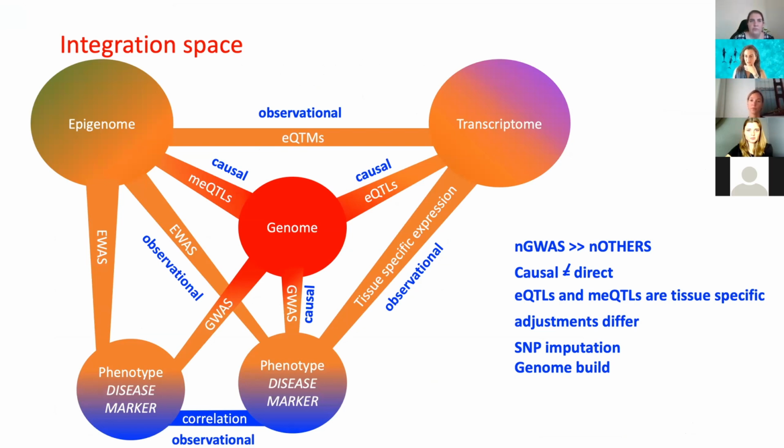Methylation and expression are very tissue specific, and in all the data sets there are different adjustments. So one needs to look at the adjustments of the data sets and how the analyses were performed in that study. Another problem is SNP imputation, which I will get back to. And if you are using positions, the genome build is another thing you would like to consider.